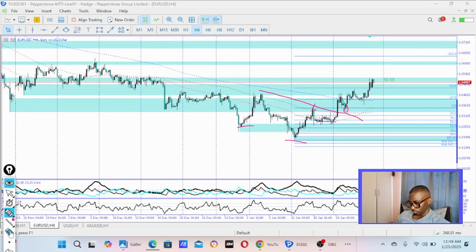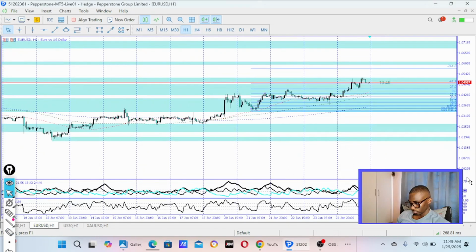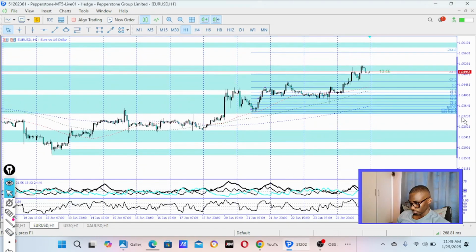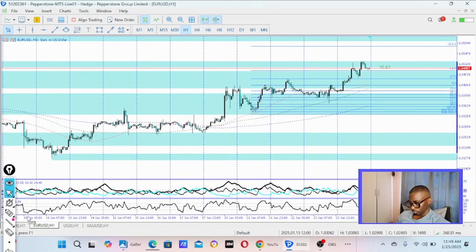Let's go to H1 to see where you could have taken that entry on H1. So the weekly closed here, as you can see. So for the week open, on the market open, price was near this high.